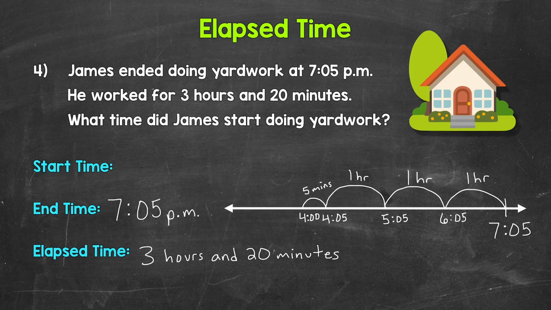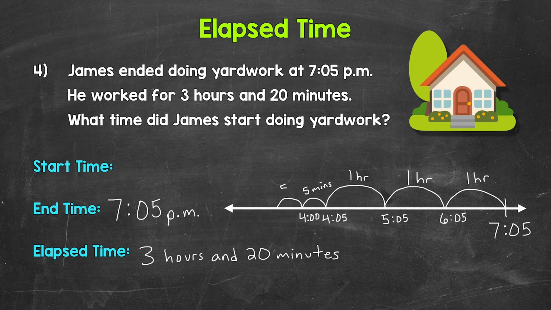Now we need to go back 15 more minutes to get to that total of 20 minutes. I'm going to make 3 more 5-minute jumps here. But again, there are different ways to do this. For example, we can make one 15-minute jump back from 4 o'clock. Again, I'm going to do 3 5-minute jumps.